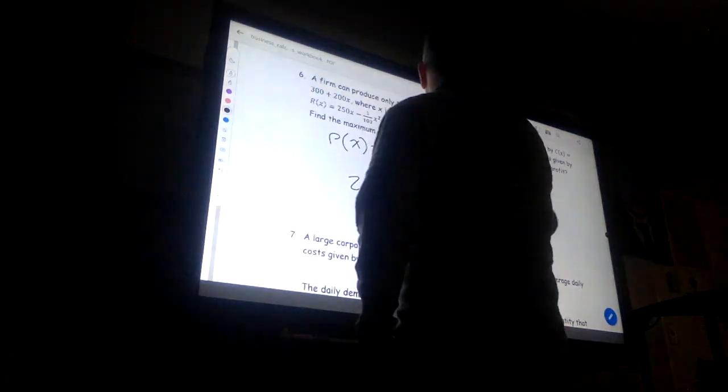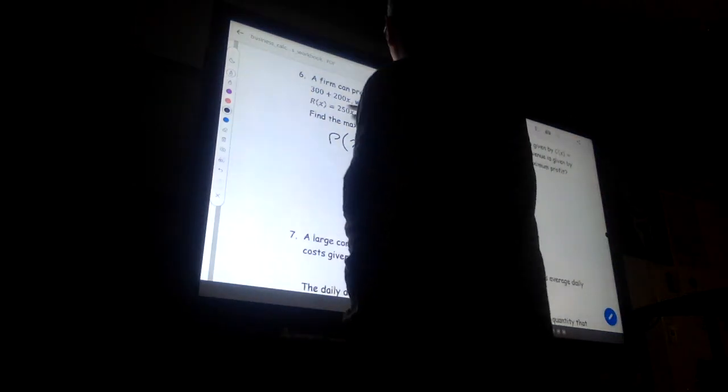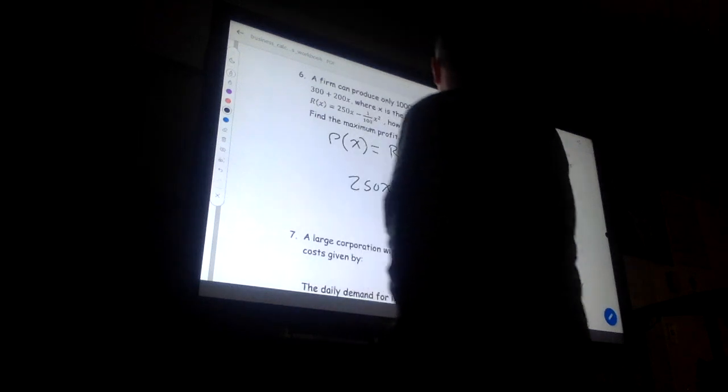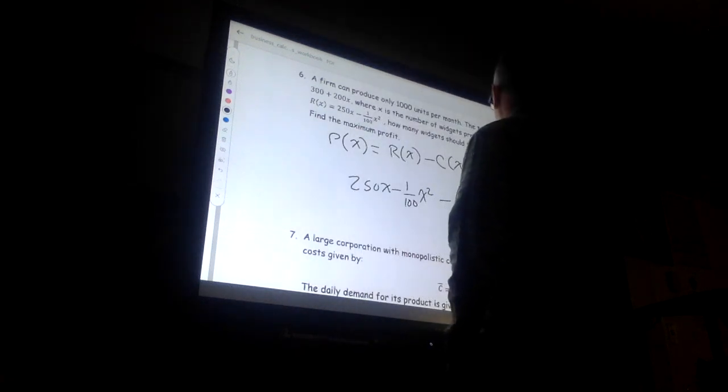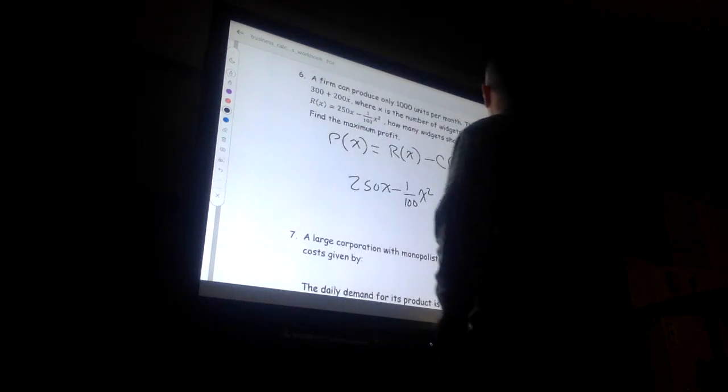So we have to realize our profit equation is going to be revenue minus cost. So my revenue was 250x minus 1 over 100 x squared, and then minus, in parentheses, our cost, which is 300 plus 200x.